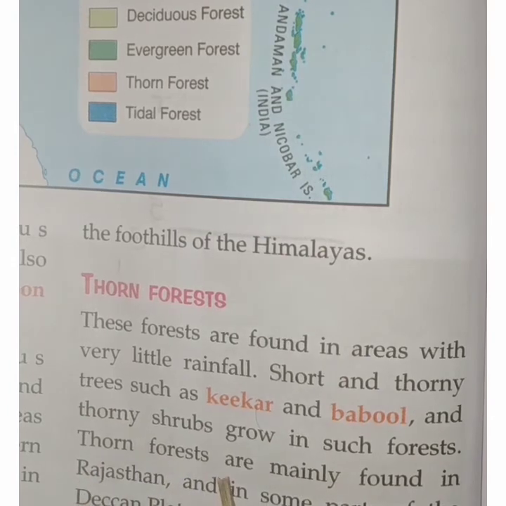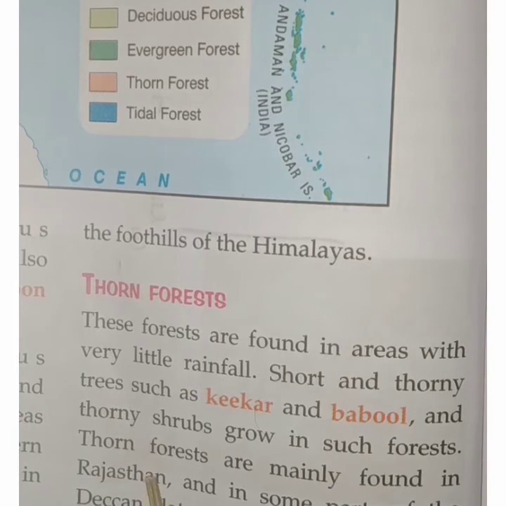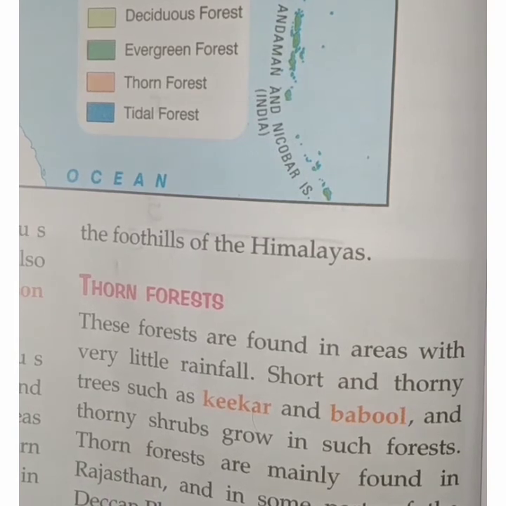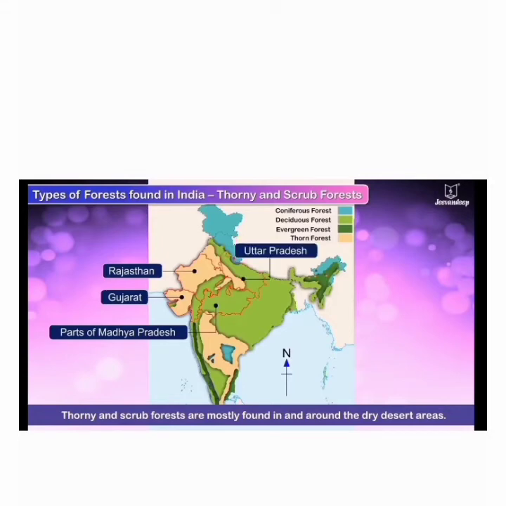Thorn forests are mainly found in Rajasthan, where you get little rainfall, and in Gujarat, parts of Madhya Pradesh, Uttar Pradesh and parts of the Deccan Plateau.